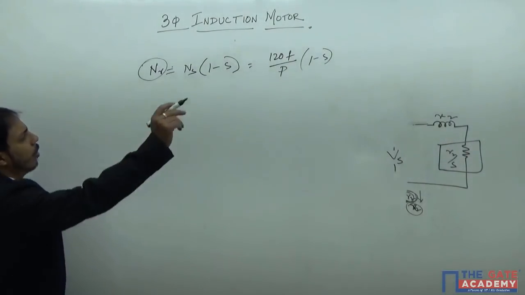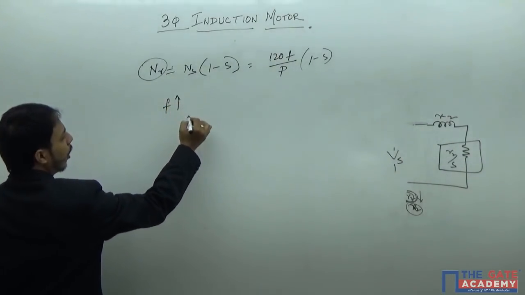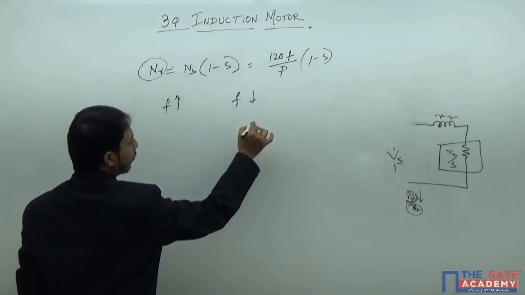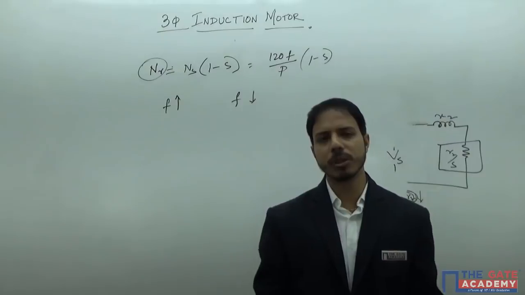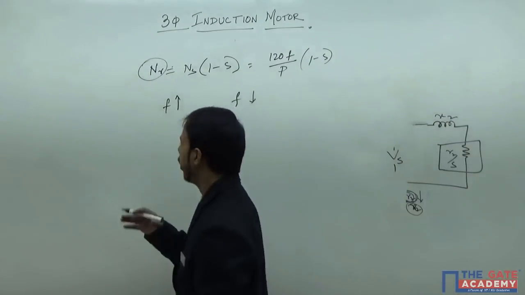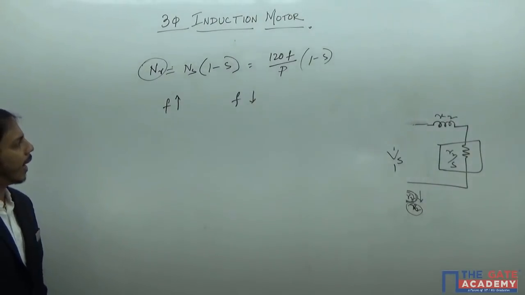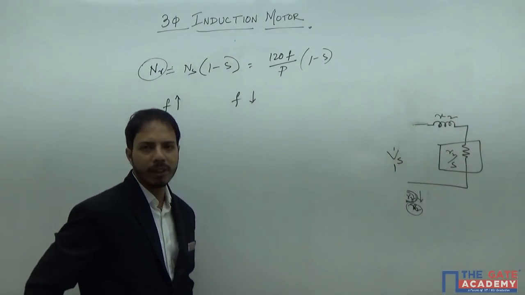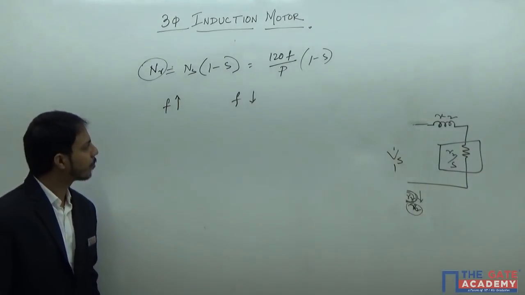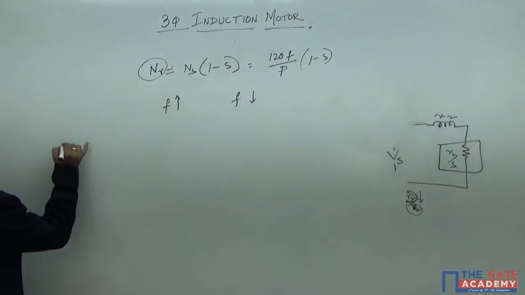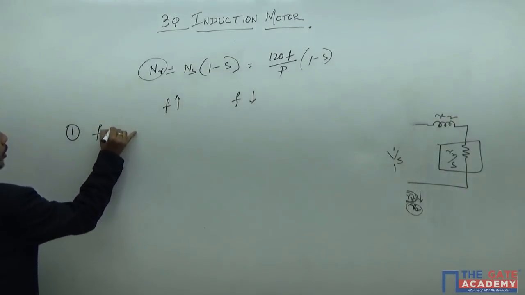If I increase my frequency, speed will increase; if I decrease my frequency, speed will reduce. But I also need to see the effect of changing the frequency. So let us first see what will happen if I reduce my frequency.